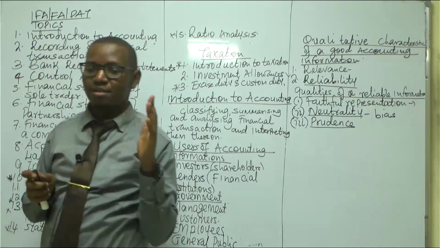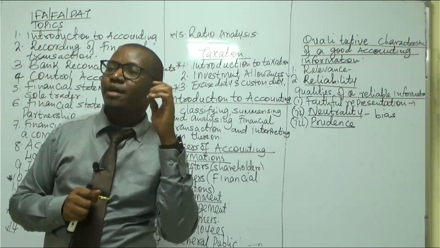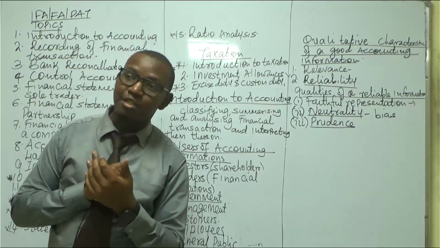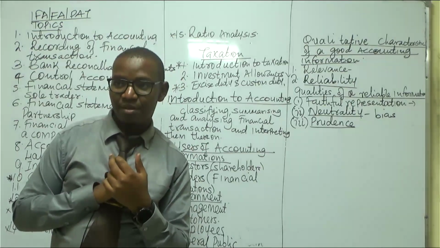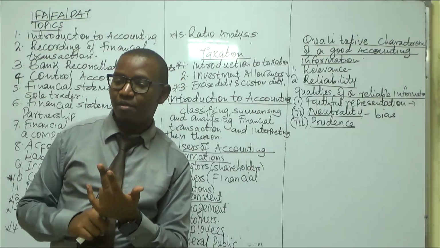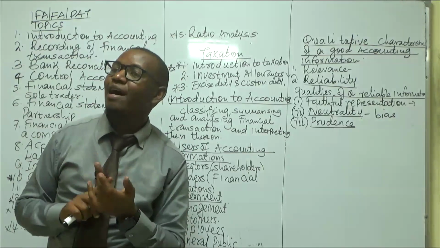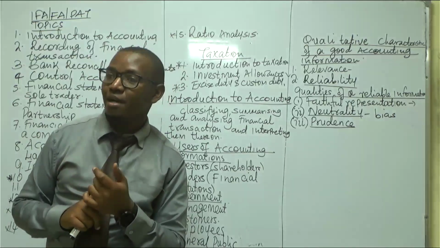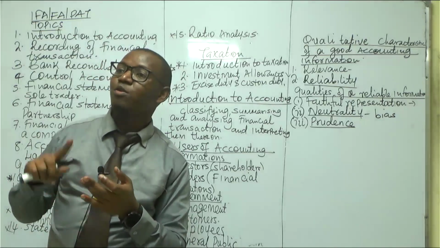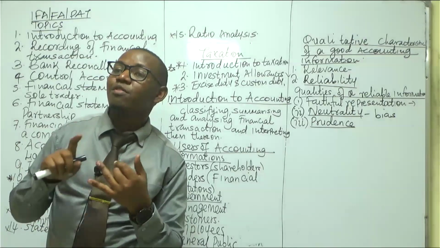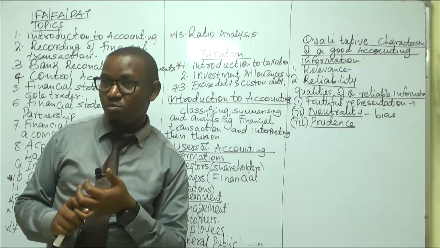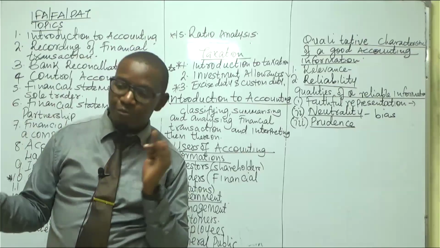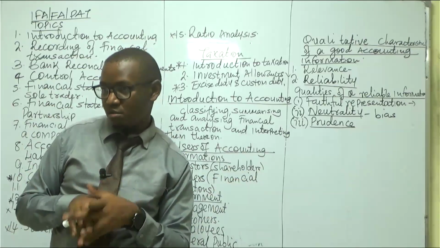In businesses, if organizations want to attract investors, they will do one thing. They will overstate their assets. They will also overstate their incomes. And they will fail to disclose their liabilities, like loans, or they will fail to provide for their losses.